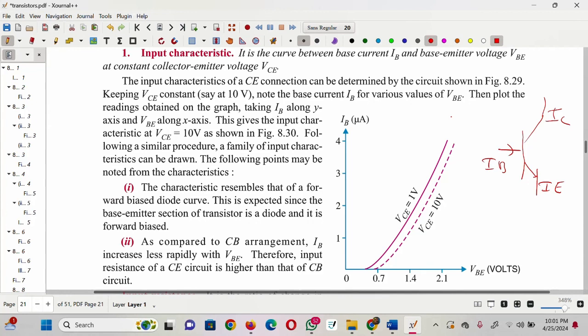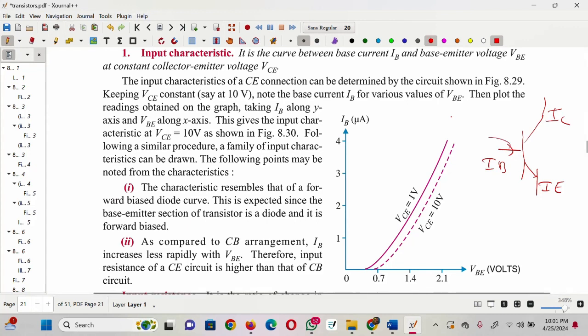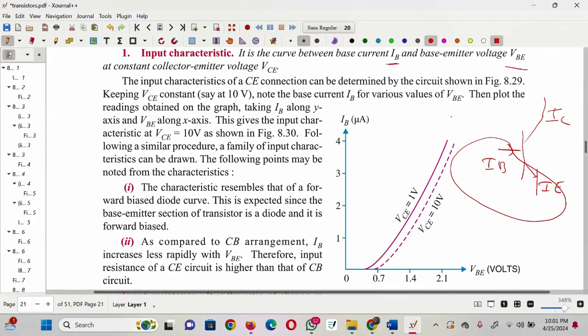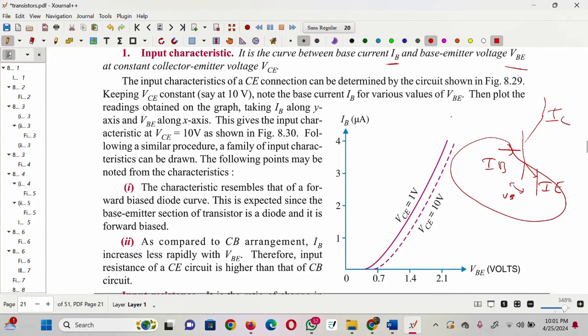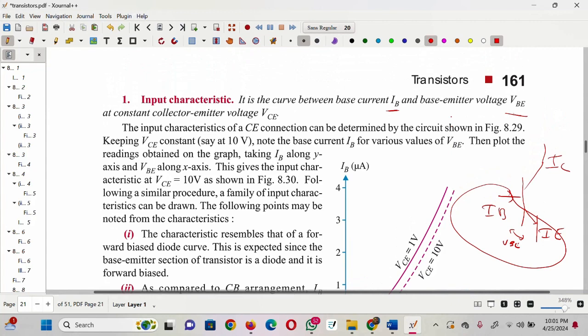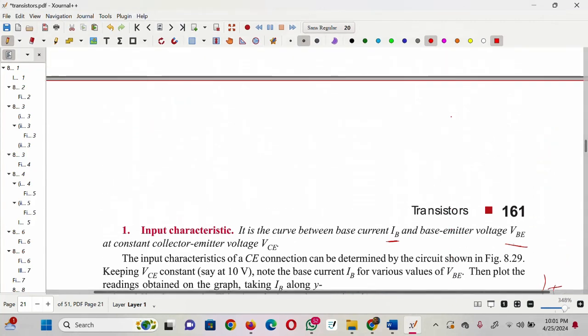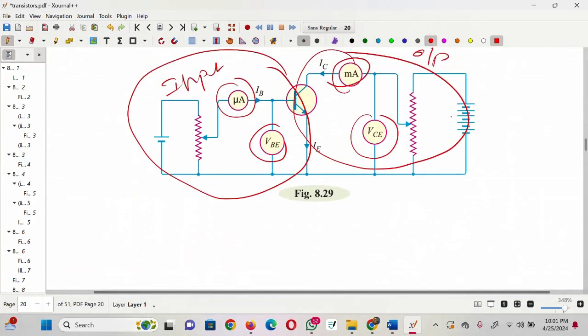Input means IB, and that's why we mention the input curve between IB and VBE. The voltage in between is called VBE. These diagrams are very important. Microammeter, IB and VBE.